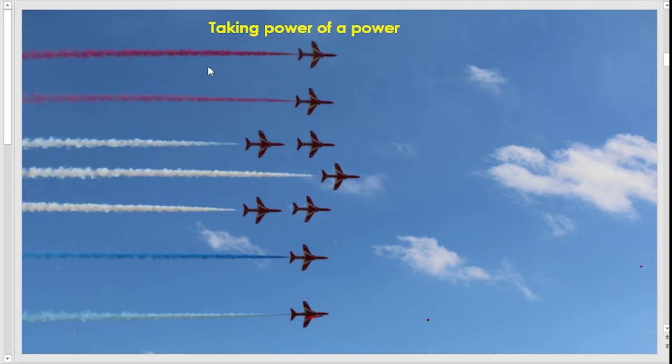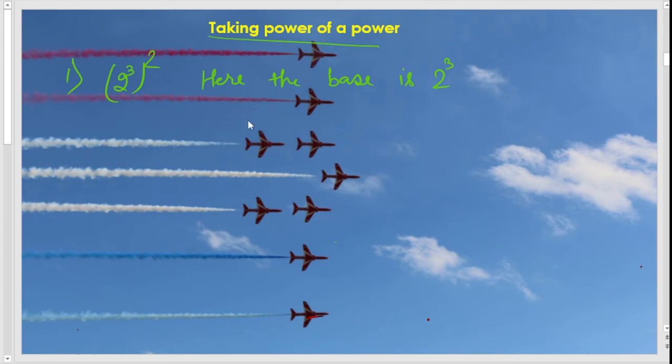Now we'll understand the other topic, that is taking the power of a power, with the help of some examples. Now that is 2 cubed to the power 2. Here the base is 2 cubed.